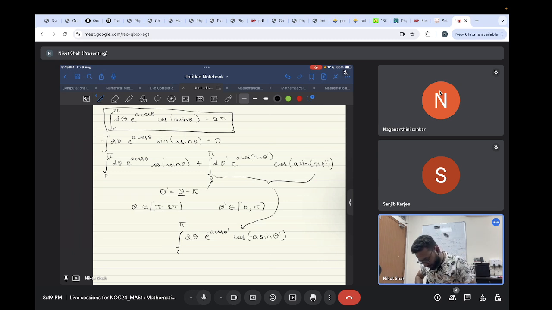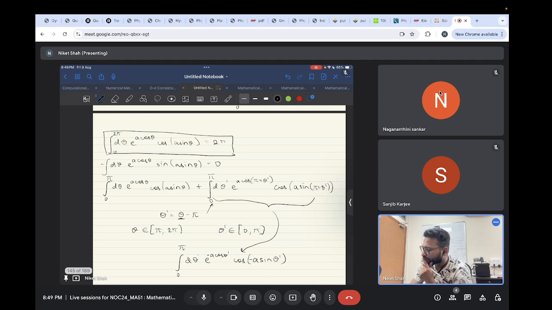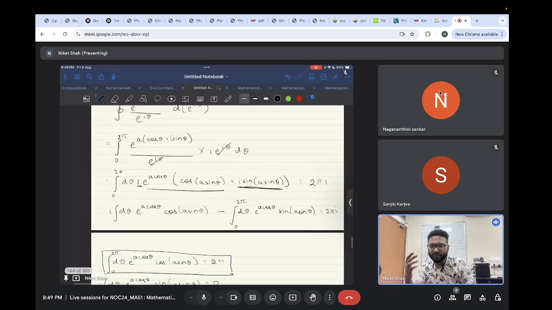Okay, wait. Does that help? If I say the integral goes from minus pi to pi. Okay, so my bad.